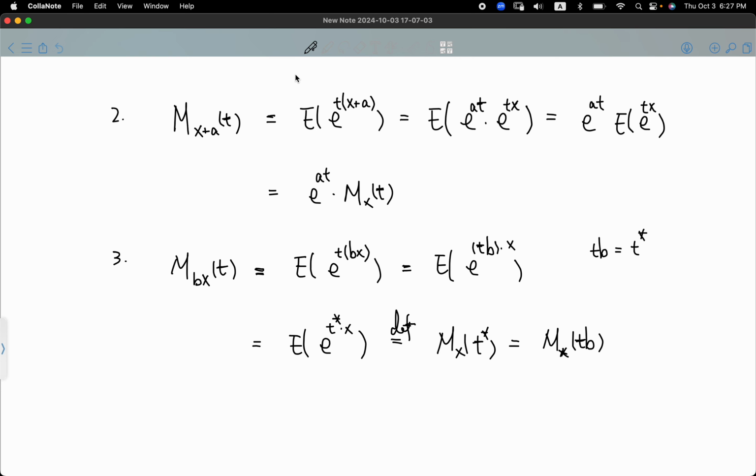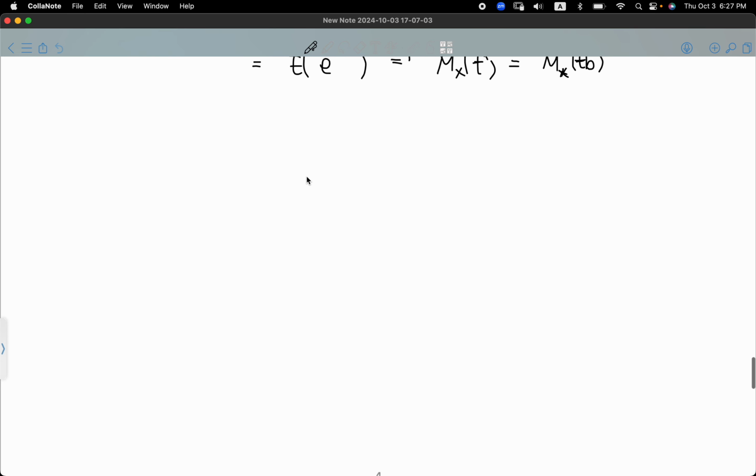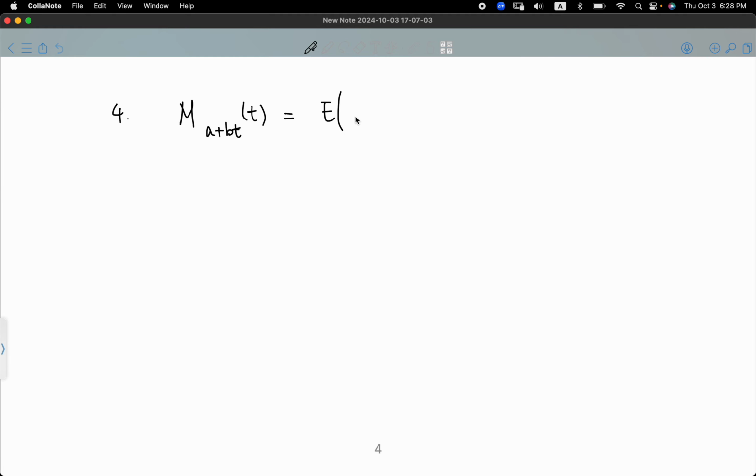Okay. So now let me group 2 and 3 together to discuss property 4. So the moment-generating function of a plus bx. Again, you can use the definition for the expected value, e of t multiplied by a plus bx.